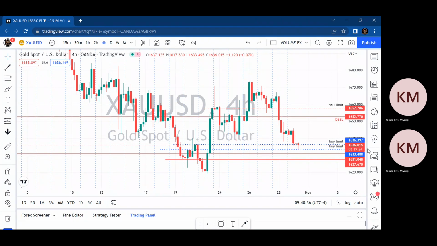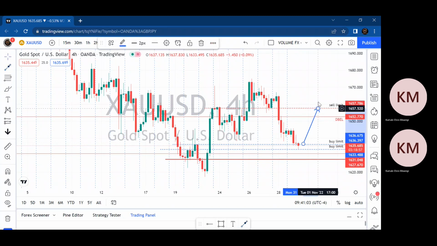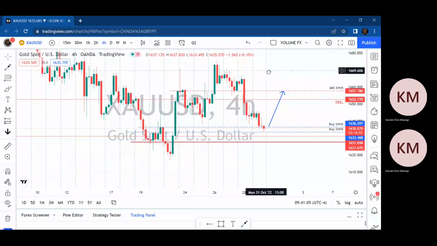You see it has gone up to 1636.005. I'm expecting price to go up to around 1657. Whenever it goes up to 1657, this is where the sell limit is. I'm expecting price to reverse at that particular point.